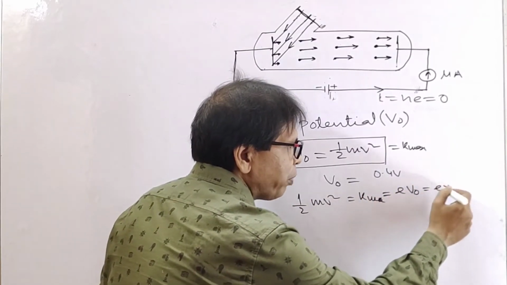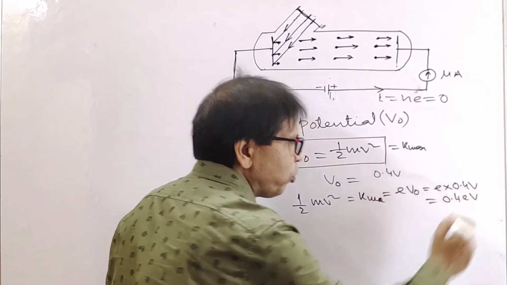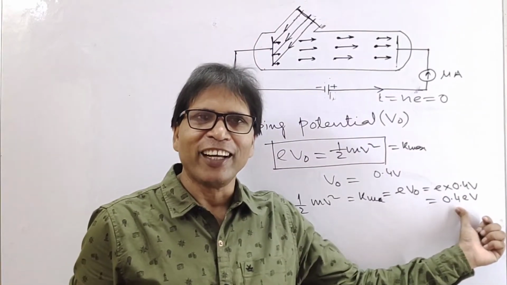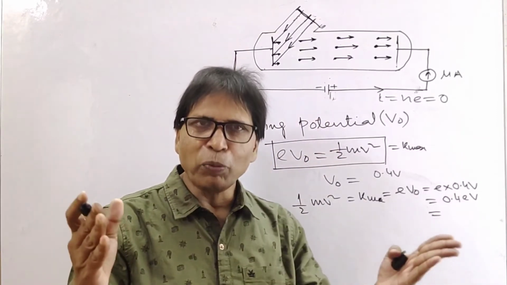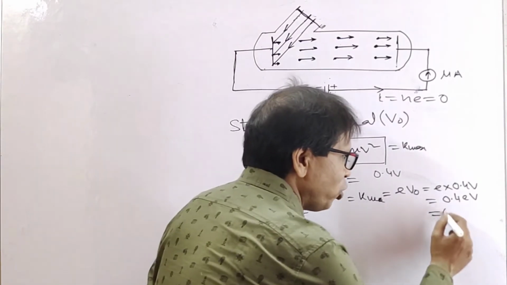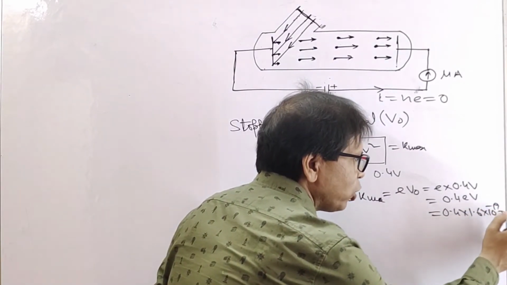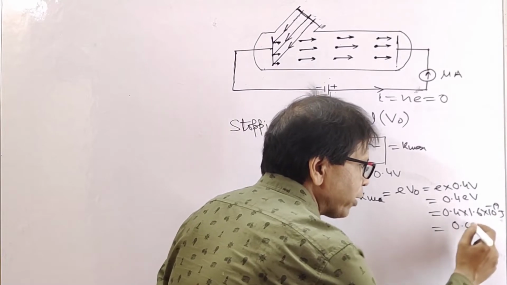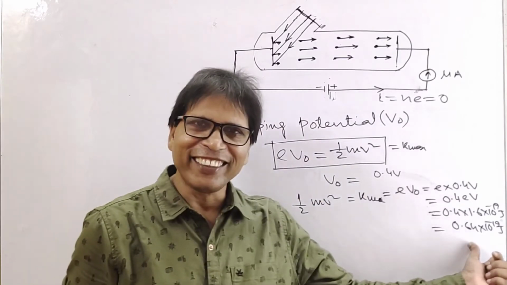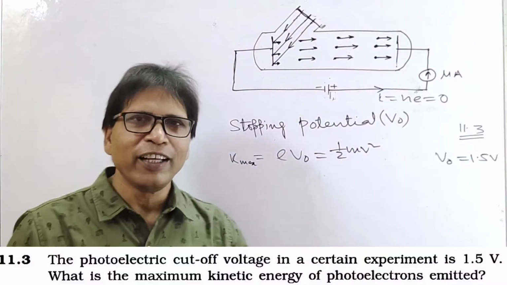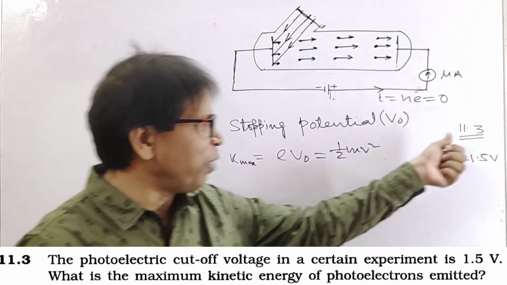Now this is E and V naught is 0.4 volt. So this is 0.4 electron volt, the energy of the electron. Now if it is converted into joule, this should be multiplied, 0.4 into 1.6 into 10 to the power minus 19 joule. So this is 0.64 into 10 to the power minus 19 joule. Okay, understood? Next.